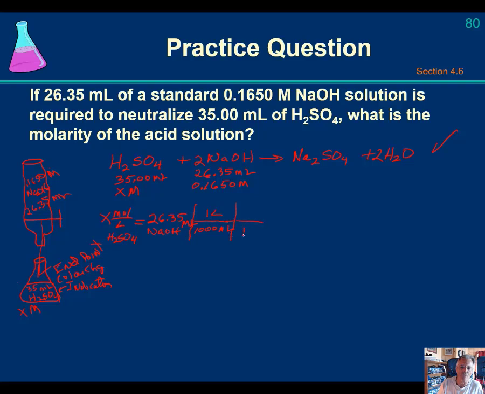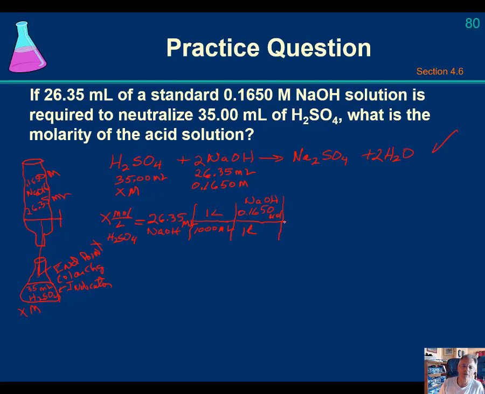The concentration of our sodium hydroxide is 0.1650 moles. And remember, this is the NaOH. For my money, you should label everything.